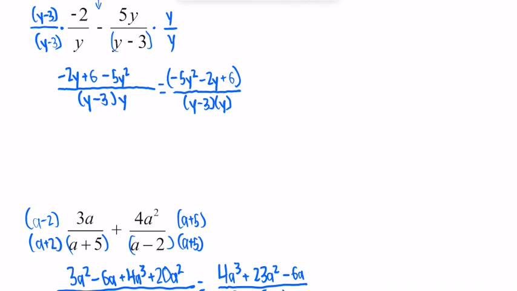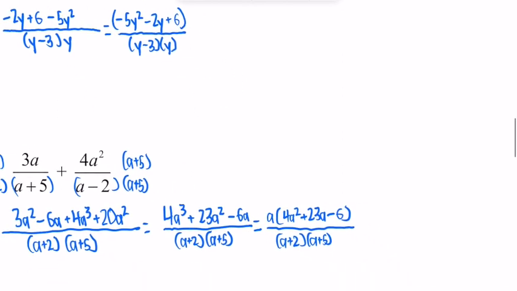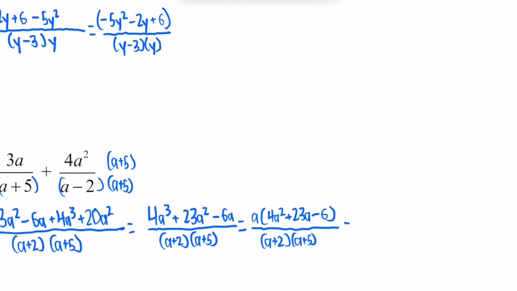All right, now in our numerator, we can do some factoring to see if we could reduce it. We can factor out an a, and we would have a times 4a squared plus 23a minus 6, leaving the denominator the same while we're trying to see how much we could factor the top part. And in this case, we actually could factor the top part a little bit more.